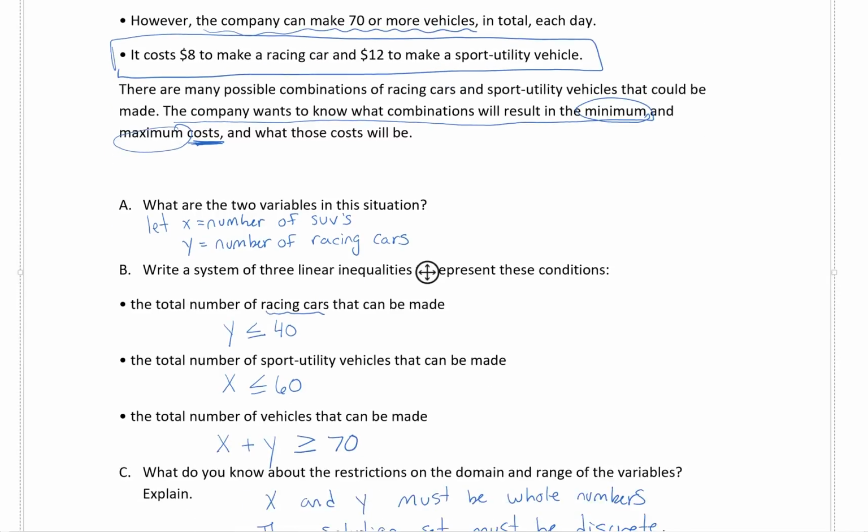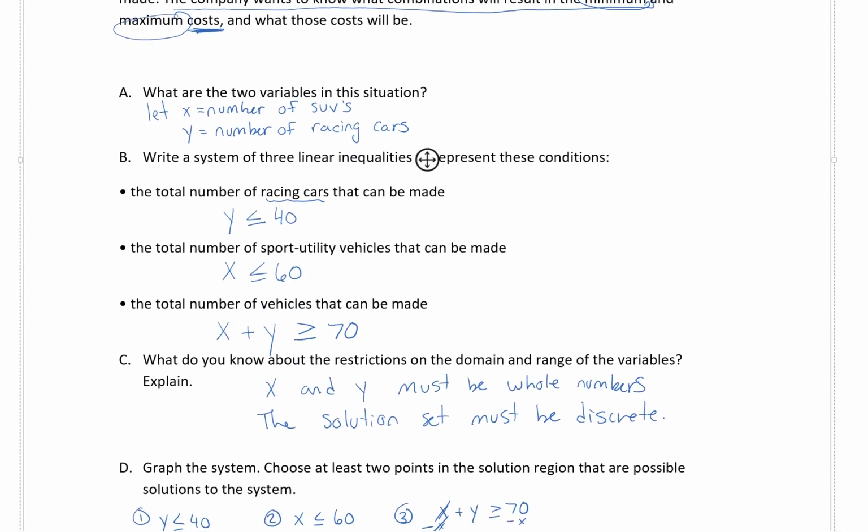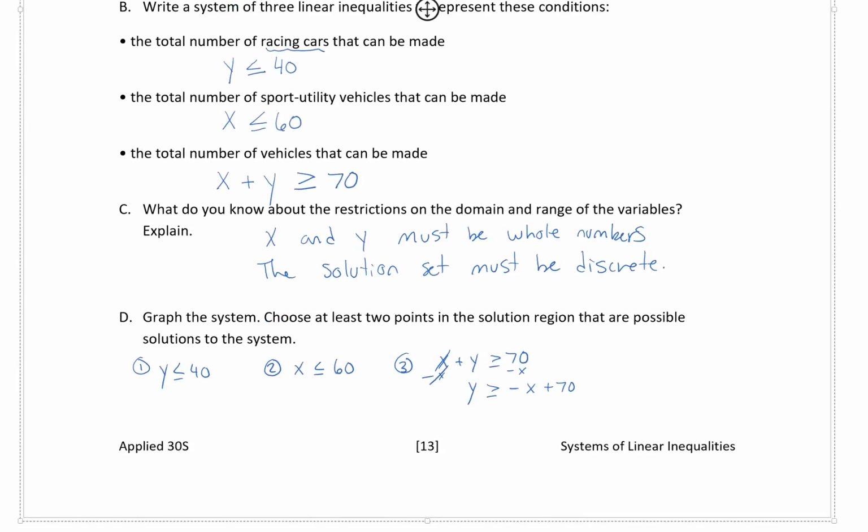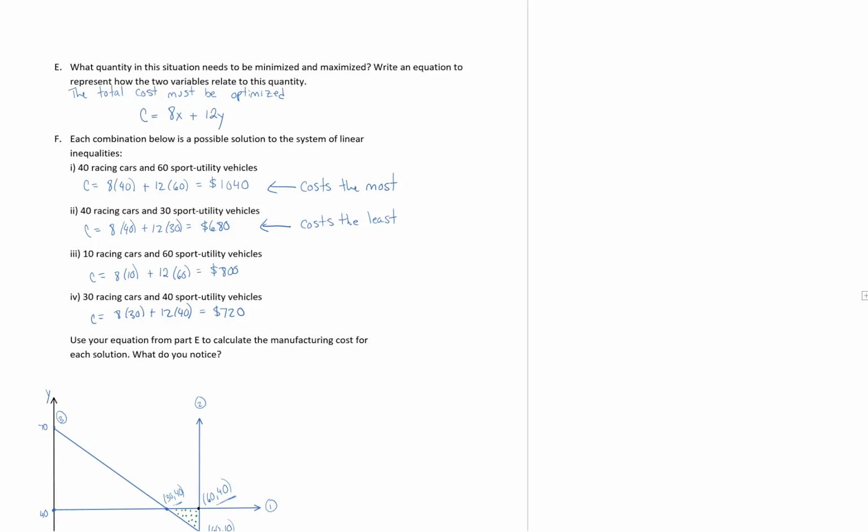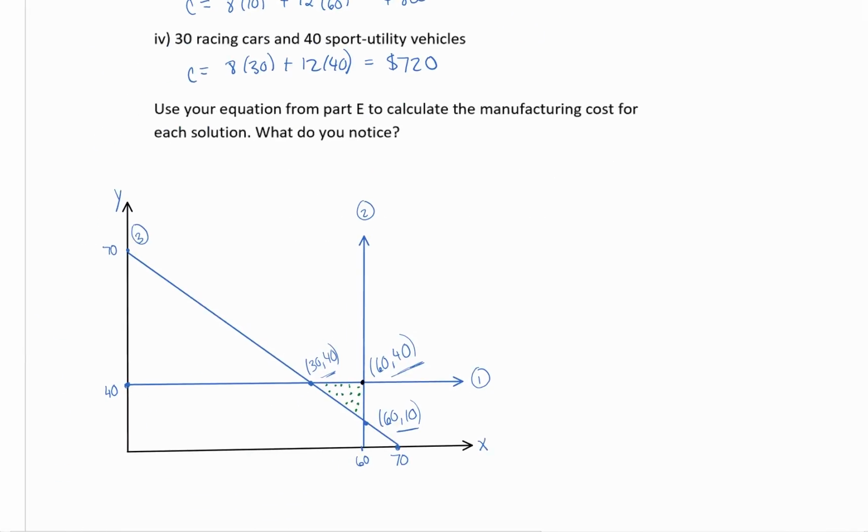We went through and got all of our restrictions, our constraints, and our system, and then we graphed it. We stippled the feasible region, and remember we were talking about these 3 corner points, right? Those are the corner points of our feasible region, and we're going to use those now.